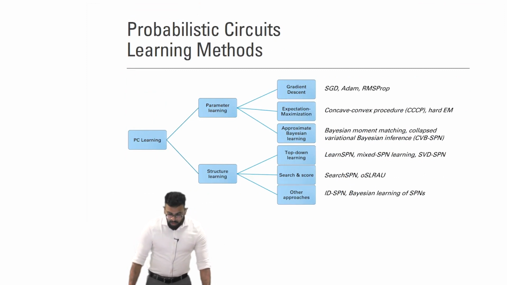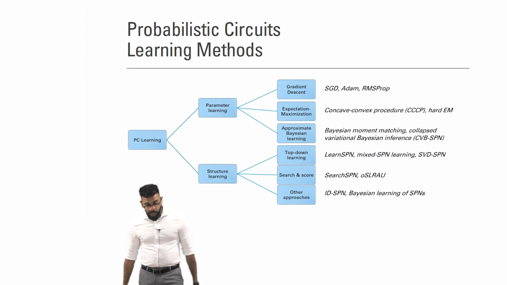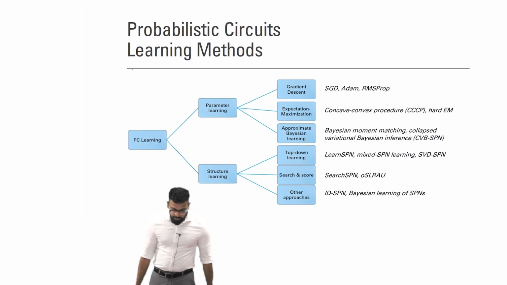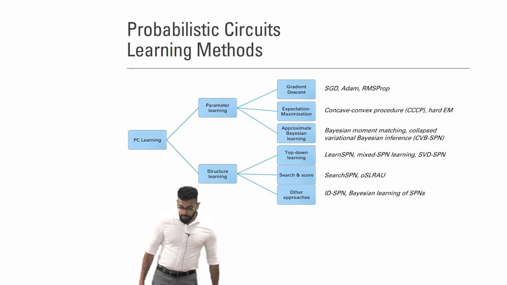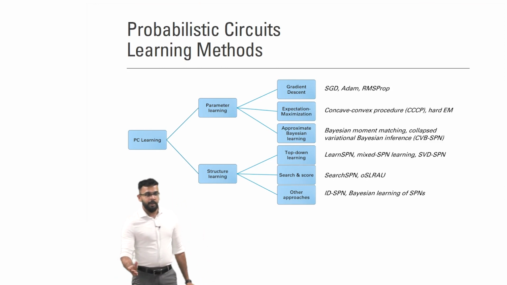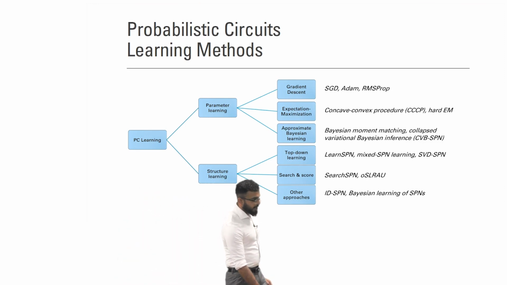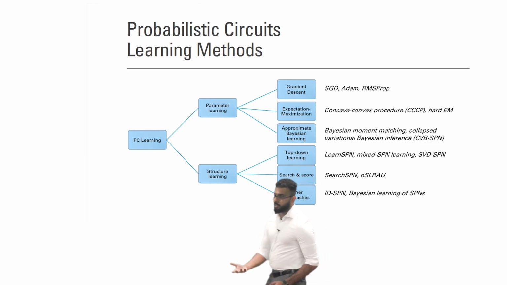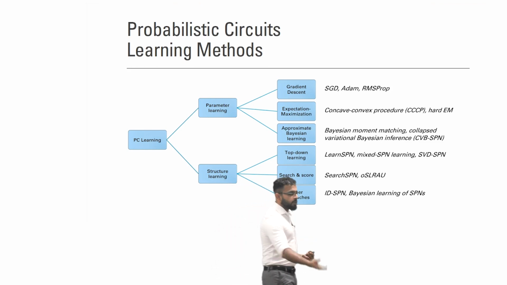Okay, so that was just a couple of algorithms that people have proposed for learning these. But there are other methods as well. For structure learning, you can take a Bayesian view where I come up with a Bayesian score for my structure, where I evaluate how good a structure is in terms of its contribution to my overall joint likelihood, right?